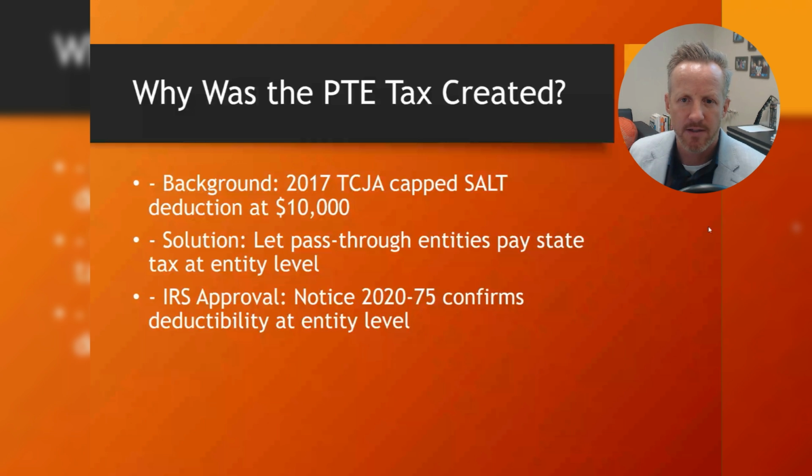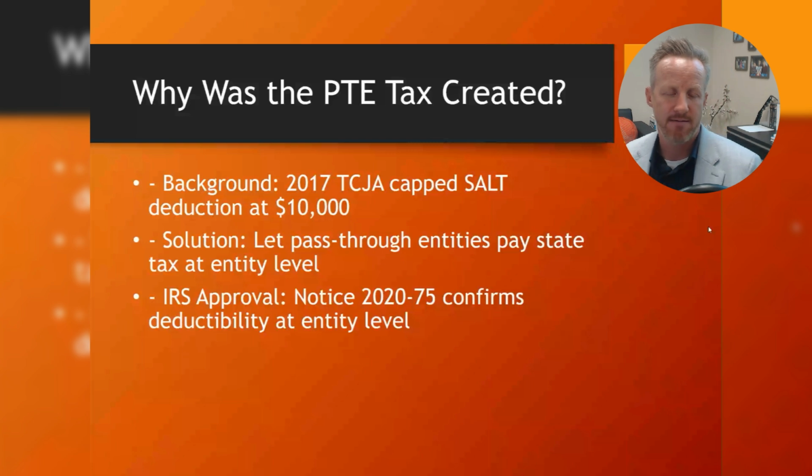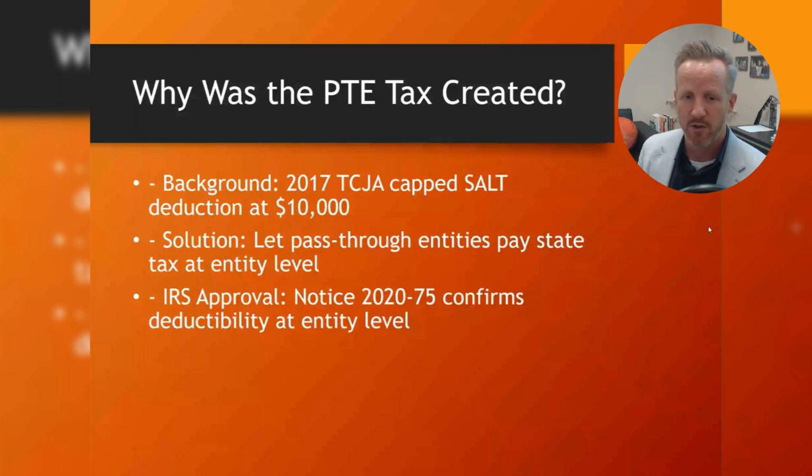Now, maybe you bought your house 30 years ago and you bought it for so low that your property taxes every year on your house are $5,000. Well, great. That leaves you an extra $5,000 to deduct your state income tax payments. If the cap is 10 and your property taxes are only 5, then you can deduct 5,000 of your state income tax payments. I hope you follow me on that.